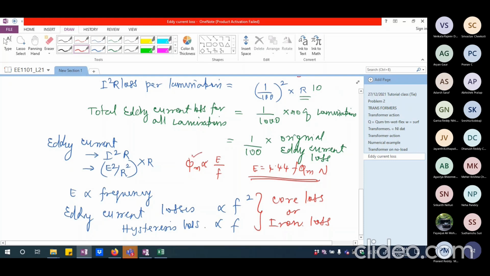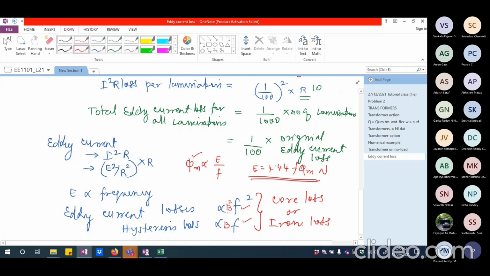So hysteresis loss, which is dependent upon the flux density, and similarly eddy current loss, which is also dependent upon the flux density square, are going to be essentially changing as per the frequency at which you are operating the transformer.